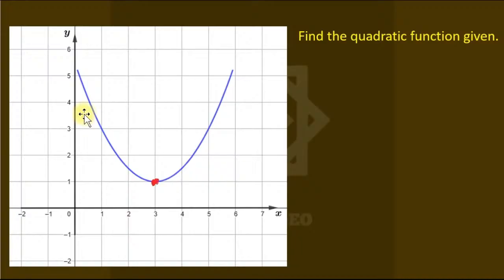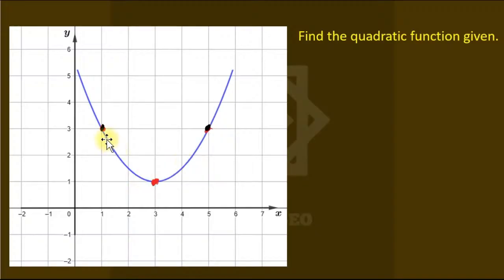This is the vertex. Why? Because if you check, look at these 2 points. I'm using these 3 points. Okay, let me use black. Let's look at this curve line here, from here to here. What do you observe? You see that they have the same distance. From here to here is the same as from here to here.